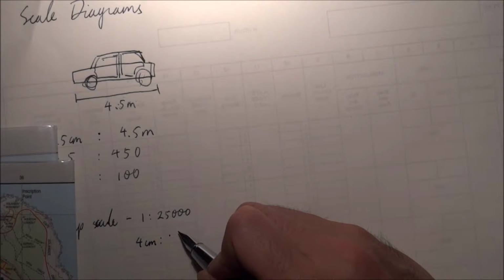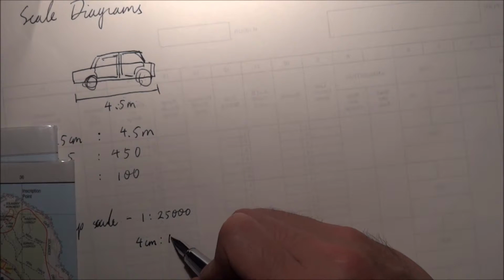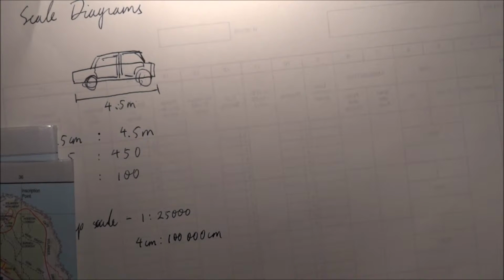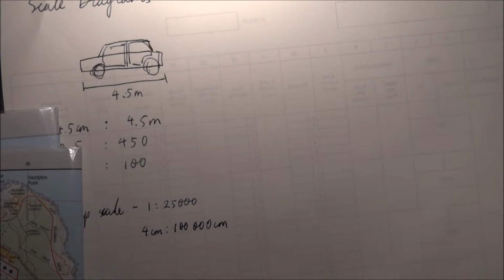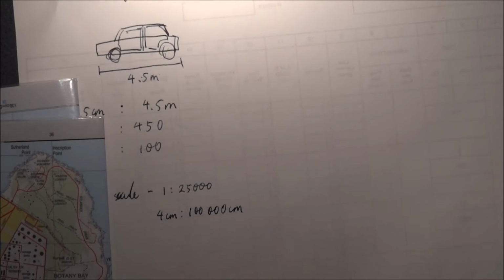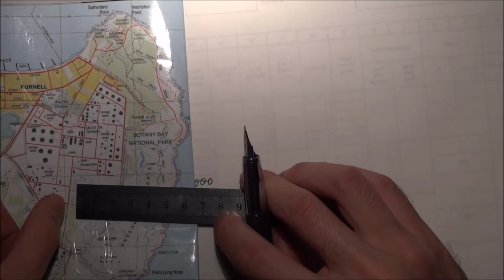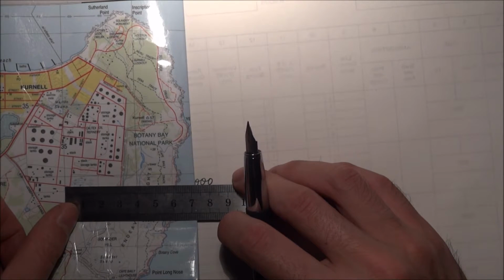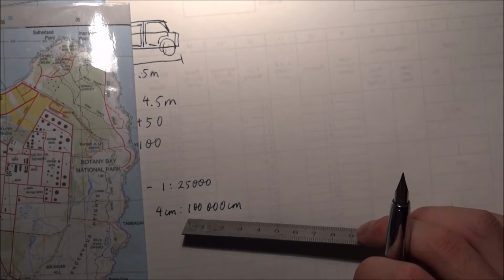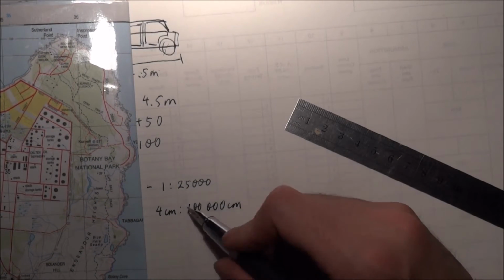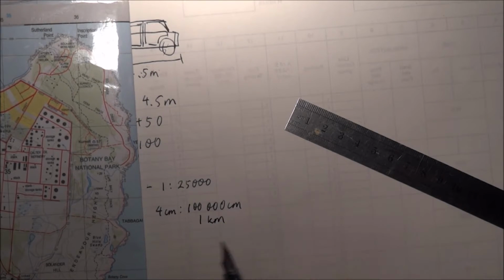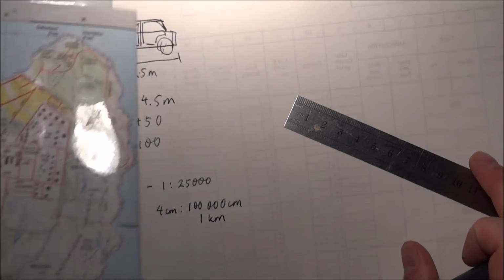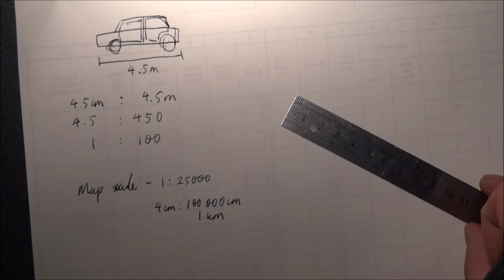So 25,000 times 4 is 100,000 centimeters. Yeah. So the width of a grid square, which is measured 4 centimeters on this map, is equivalent to 100,000 centimeters, which is 1 kilometer. Yeah. This is 1 kilometer. Somewhat useful piece of information.